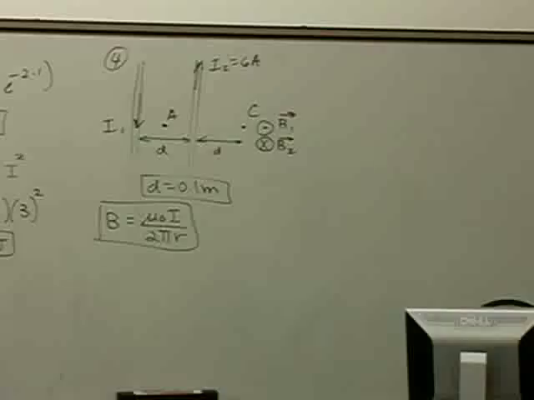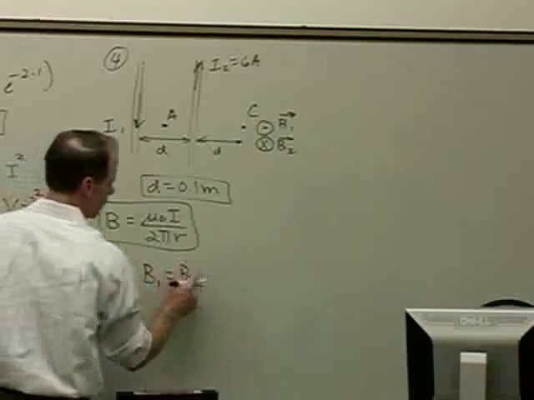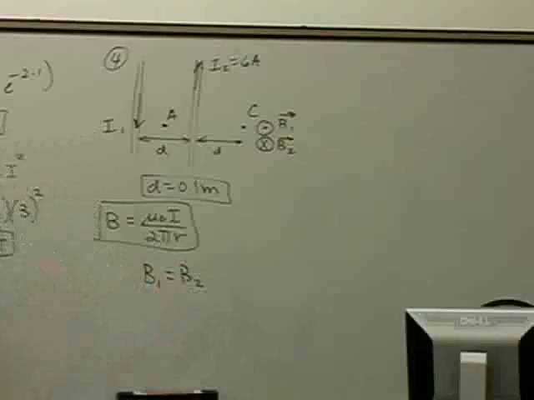They're in opposite directions, so those two fields would cancel out, and we could get no field at point C. So let's say that B1 equals B2, and hence we would get no field at point C due to the direction.